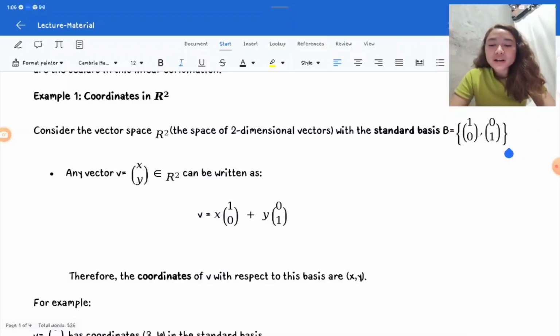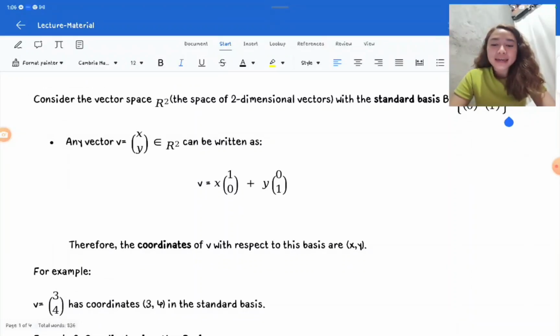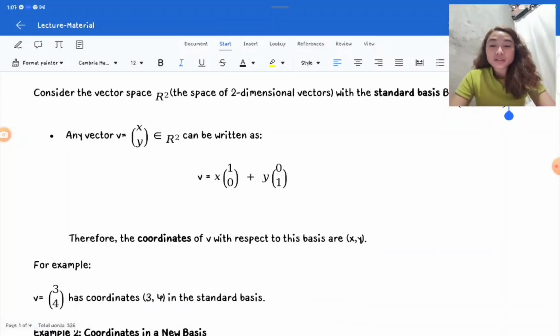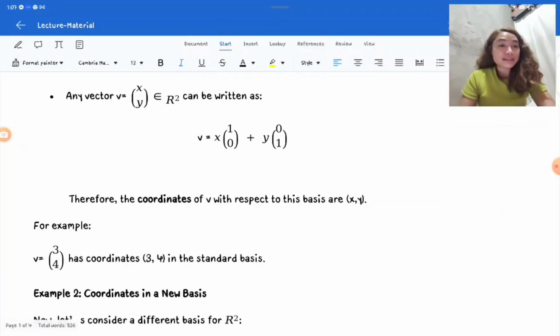Any vector v equals (x, y) in R squared can be written as a linear combination of these two basis vectors. In other words, v equals x times (1, 0) plus y times (0, 1). So the coordinates of v relative to the standard basis are just x and y.